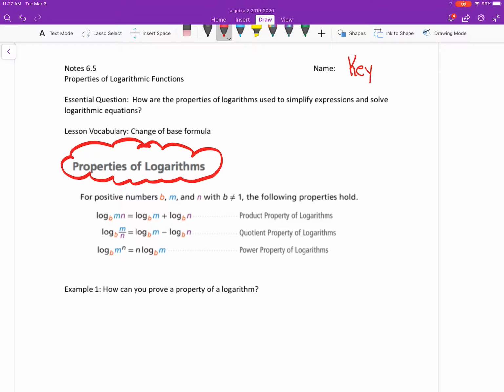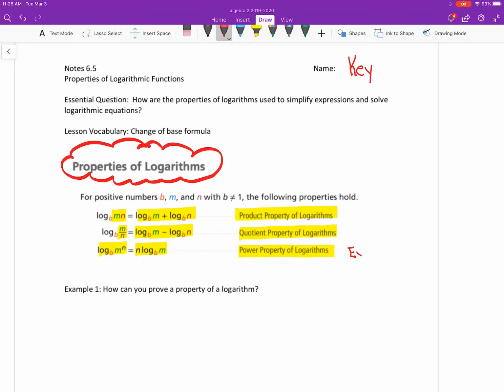We've got the product property of logarithms, which says if you multiply two numbers together, you can separate them by addition. We have the quotient property, which says if you divide two numbers, you can separate them by subtraction. And the power property says that if you have an exponent, the exponent comes to the front.